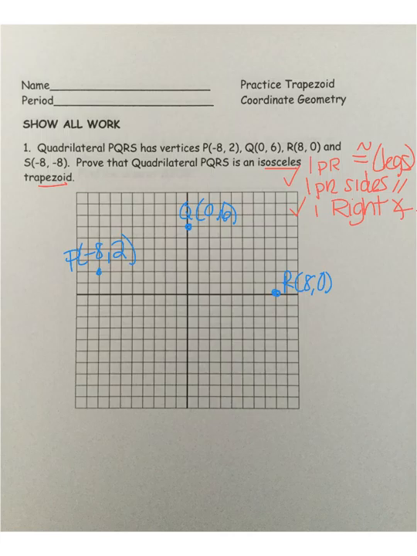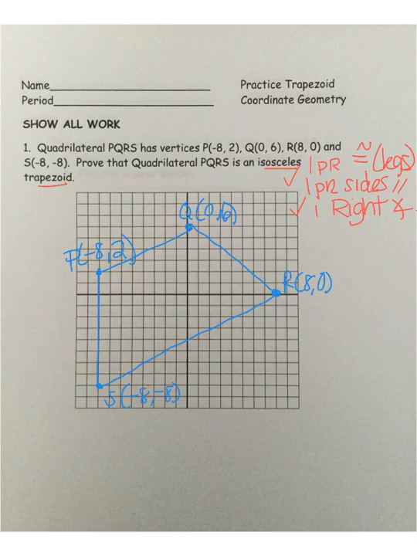And S is negative 8, negative 8. Again, use a straight edge instead of freehand like I'm doing. Not too bad for freehand. But regardless, the best case scenario is to use a straight edge and make them nice and perfect.